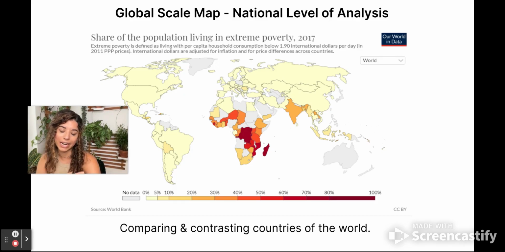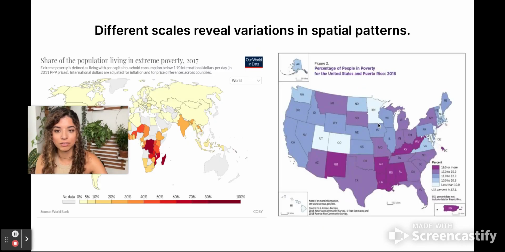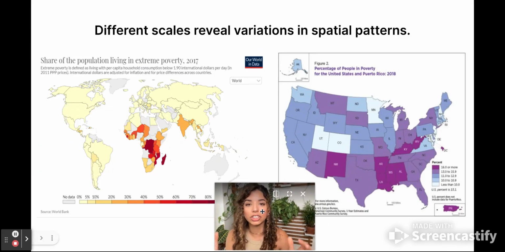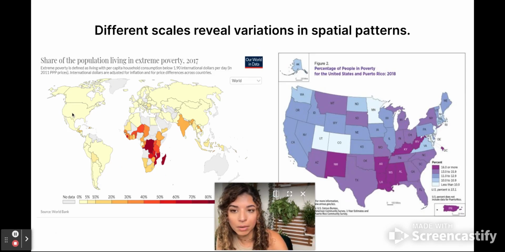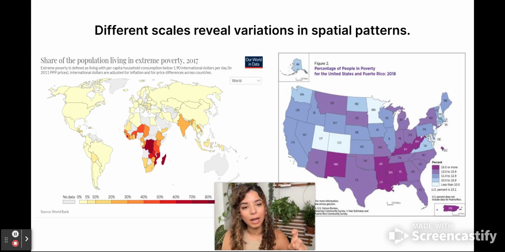From information at different scales, you might have different conclusions, or it might not show the same kind of detailed information. Here we go. So if you look at these two, look at the variation in the spatial patterns. So again, going from one number to then being able to break it up and look at section by section reveals different information.